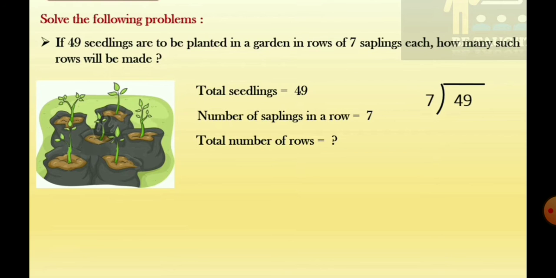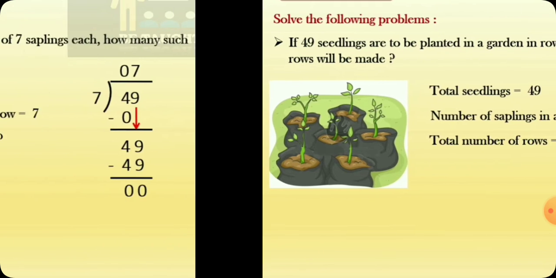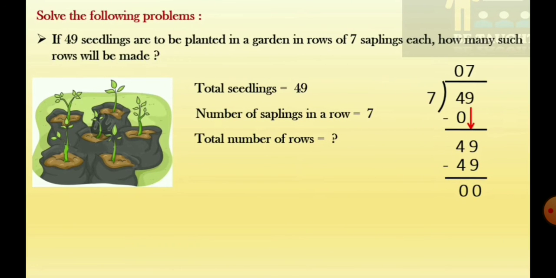So 7 divided into 49. Let us start with the first single digit number, that is 4. As you see, 4 doesn't come in 7 table as it is small. So let us take the other number, that is 49.